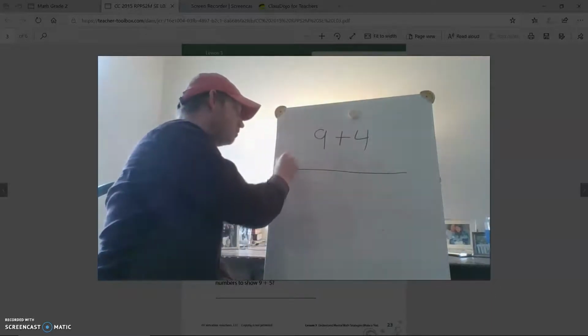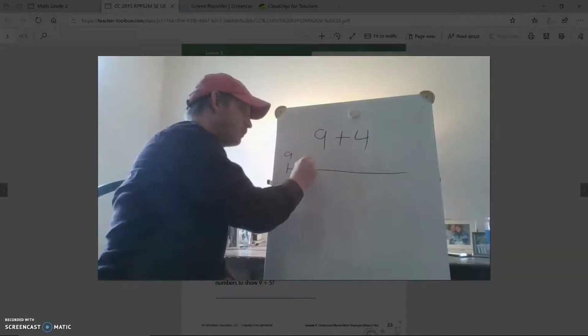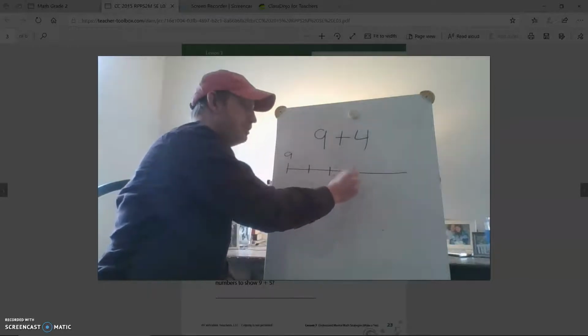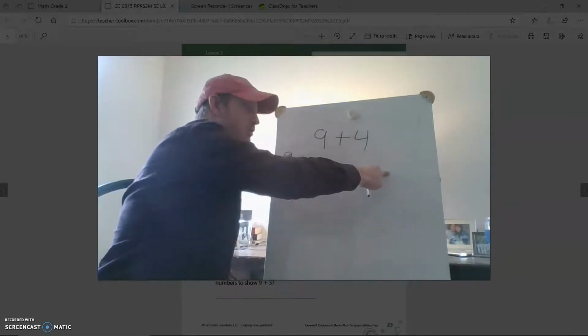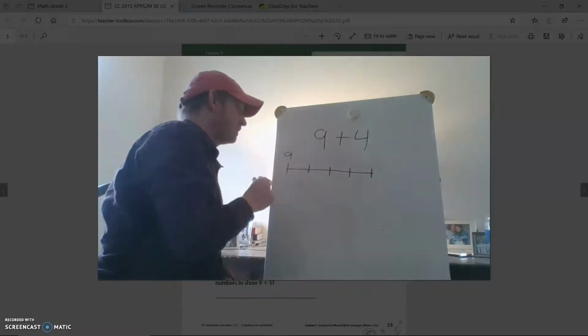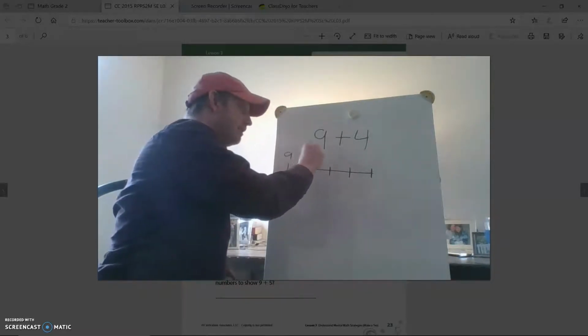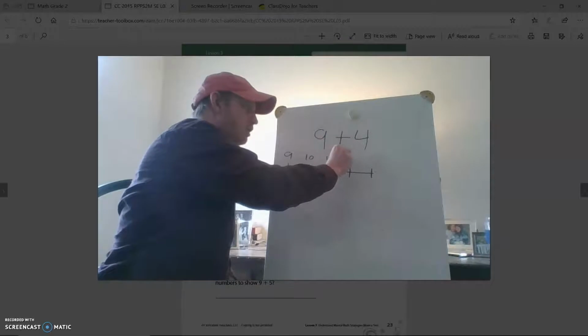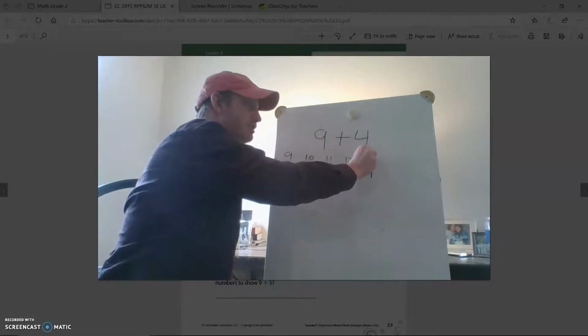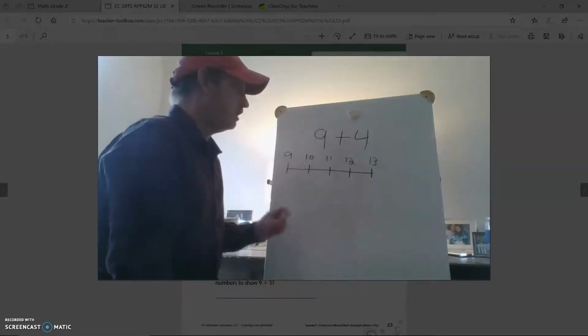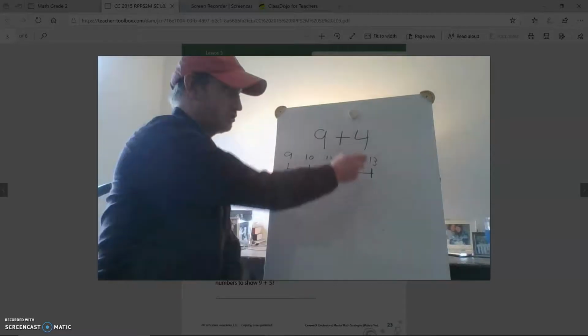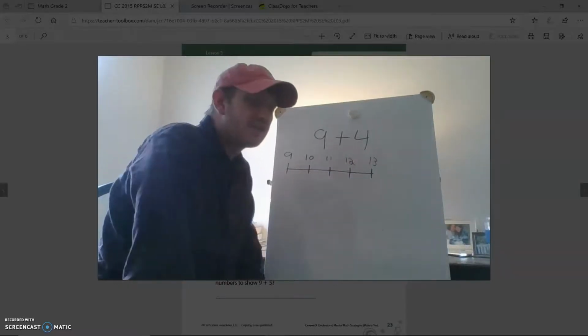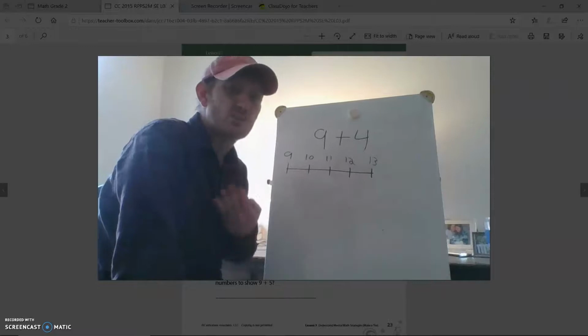We start at 9, and then we have 1, 2, 3, and 4. And we can count 9, 10, 11, 12, 13. So if we just want to count, we have our answer. Our answer is 13. We're trying again to figure out better ways to do math.